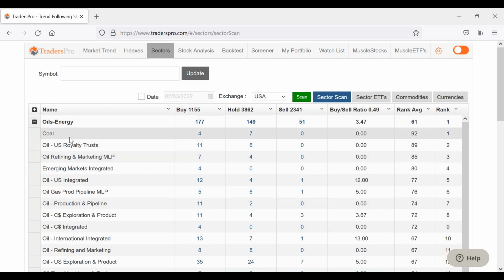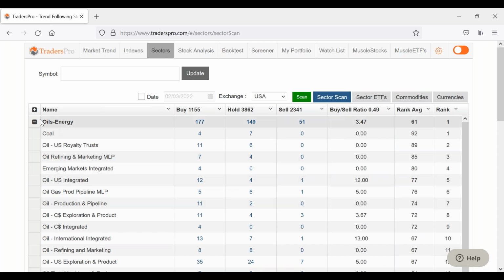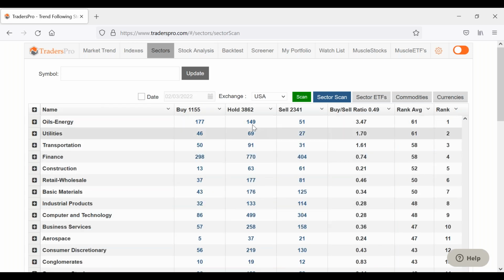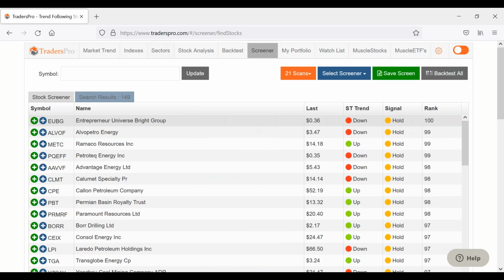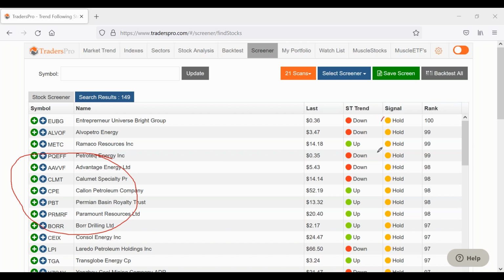Now, the strongest companies in these groups are going to show up in the main sector. So if I go into the hold section right here, if any of those stocks in any of those subgroups have a 98 strength rank and a hold signal, they're going to show up in this main sector here. But the reason why sometimes I'll go into these subsectors is that when I'm looking at the main group like this, I like to recognize some of the companies I'm getting into.